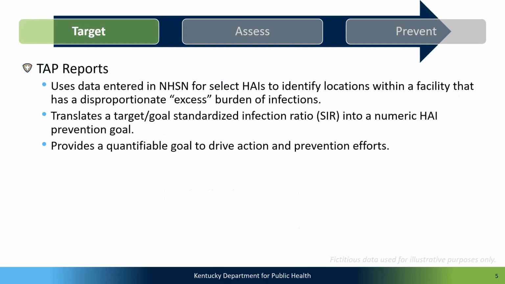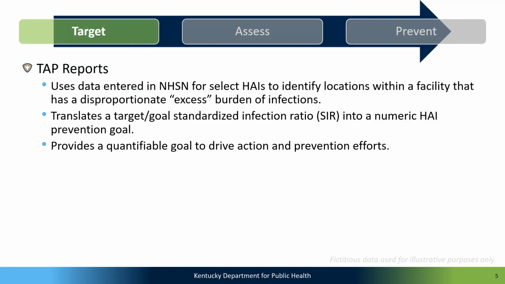The important aspect of the TAP report is the concept of translating a targeted SIR into a tangible numeric goal. This step is essential as it bridges the gap between abstract metrics, such as the SIR, and actionable objectives, which would be the CAD. By giving our goals a quantifiable form, we are better equipped to communicate, track our progress, and make informed decisions.